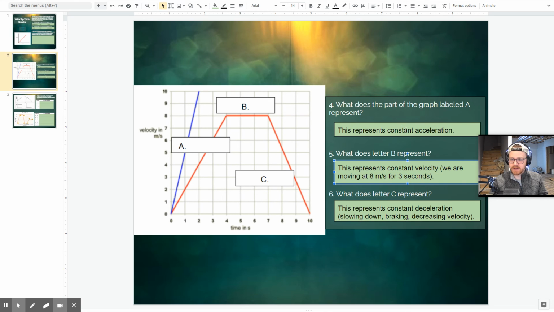And then for A, it's basically just the opposite of what's happening down here. Velocity is increasing, speeding up. Yeah, that's good enough. That's what's happening in all three of these situations here.